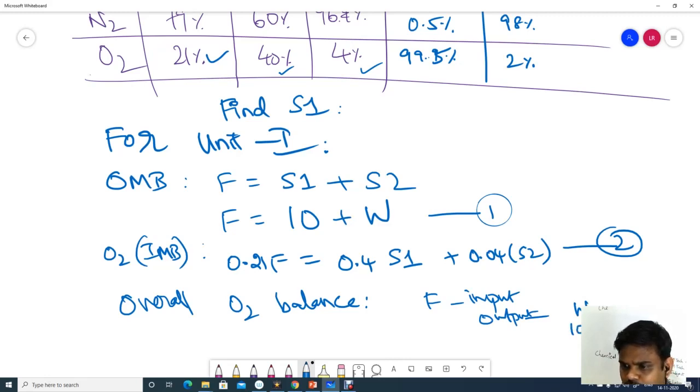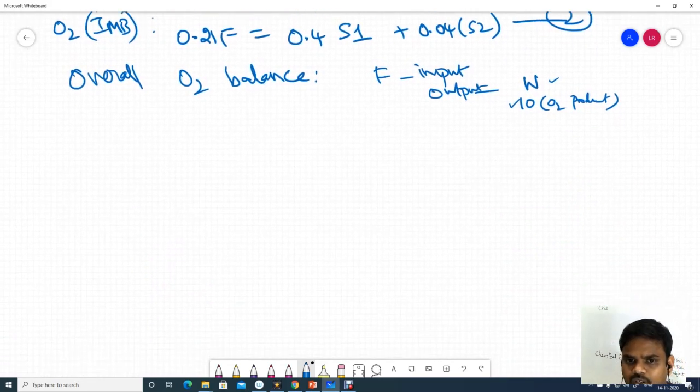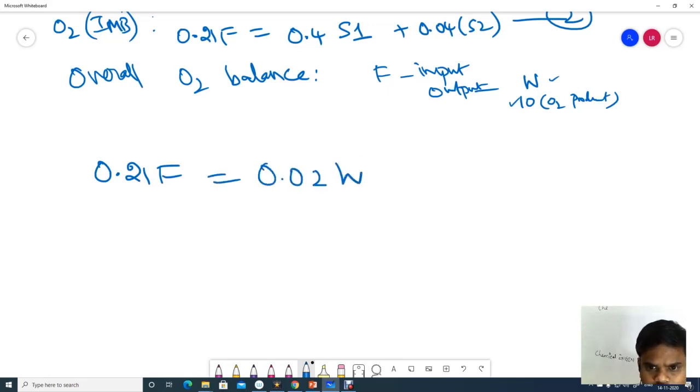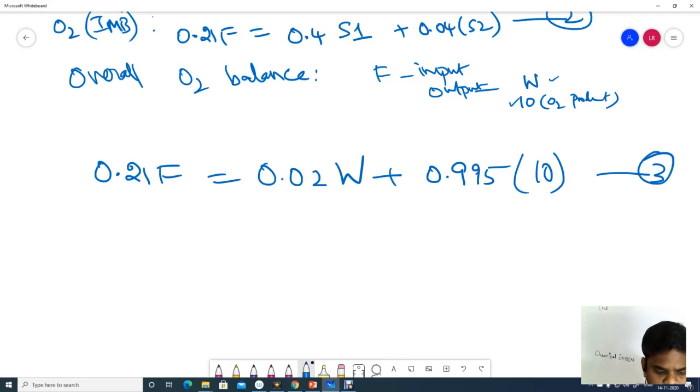So there is one input and two outputs, and in W we have oxygen, and in the product also we have oxygen. So we can make the overall material balance for oxygen. Writing it, we get 0.21 into F is equal to 0.02 into W plus 99.5 percent is oxygen, so 0.995 into 10. Let it be equation number 3.